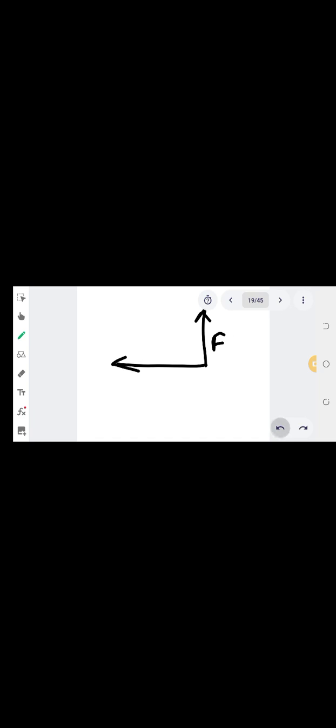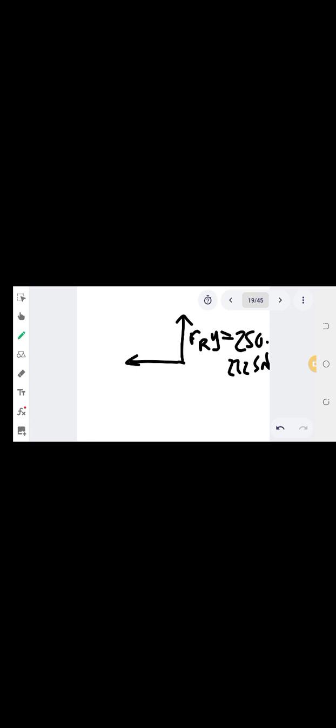So let me do this. I just need to draw a small diagram here. So my FRY is equal to 250.22 newtons. That is my FRY.